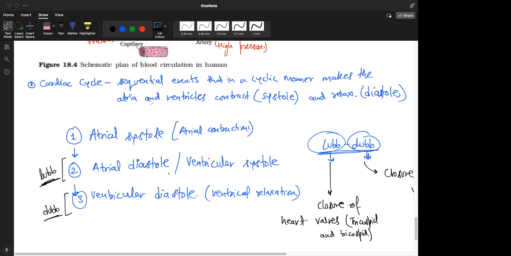If you do 72 into 70 ml, it's around 5 liters, correct? Around 5000 ml. 7 sevens are 49, 5040. I'm just taking it approximately, something around 5000.